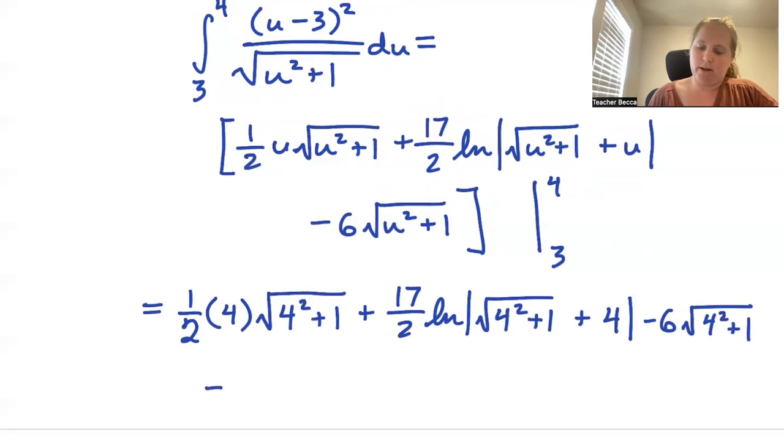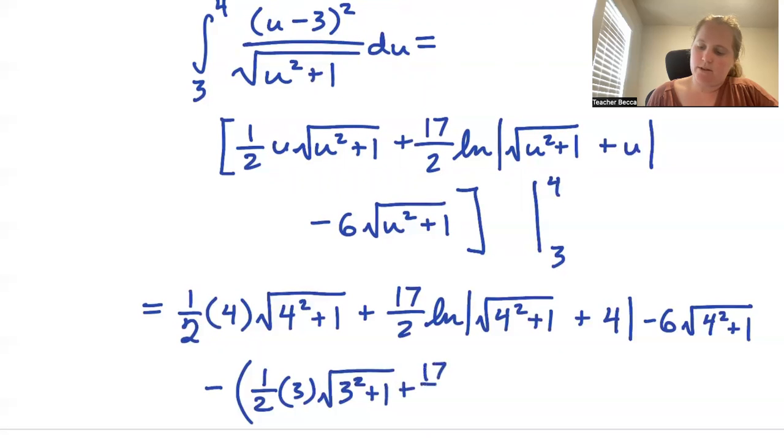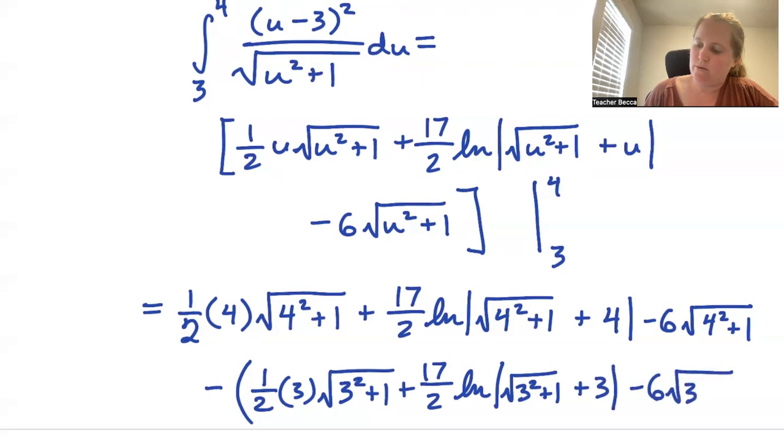From that, we are subtracting off 1/2 times 3 times the square root of 3 squared plus 1 plus 17/2 times the natural log of the square root of 3 squared plus 1 plus 3 minus 6 times the square root of 3 squared plus 1.